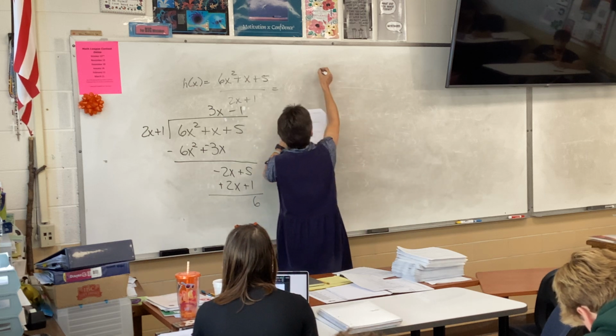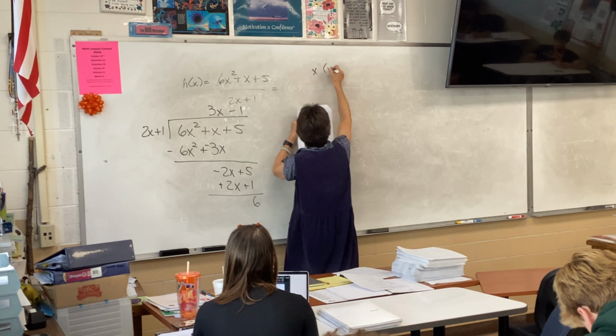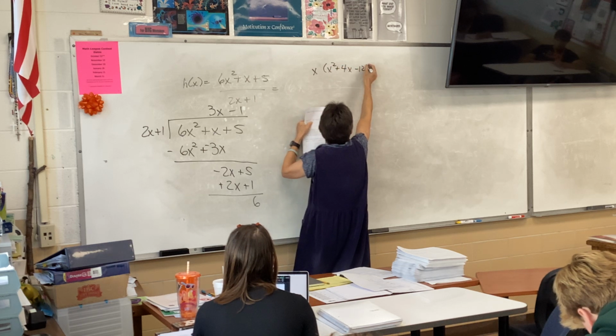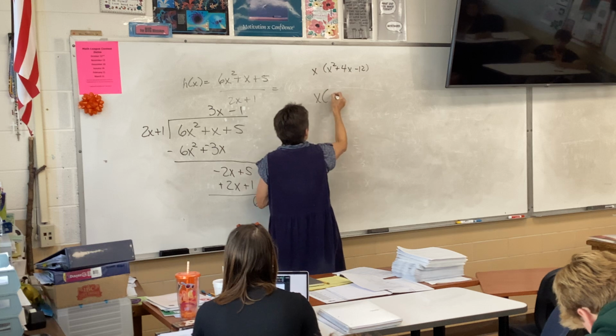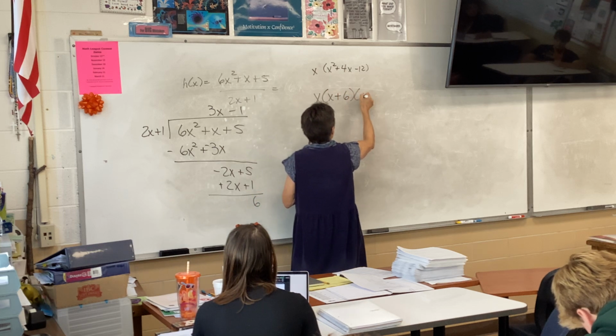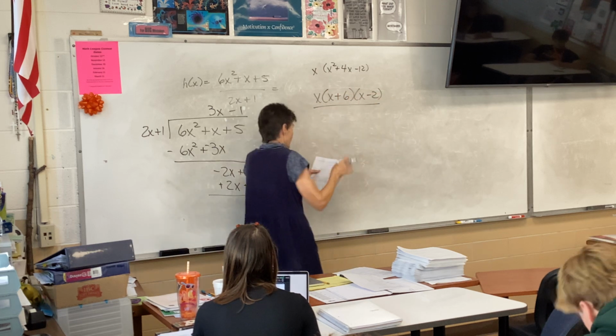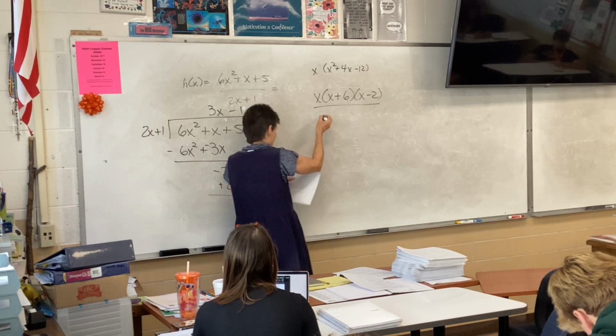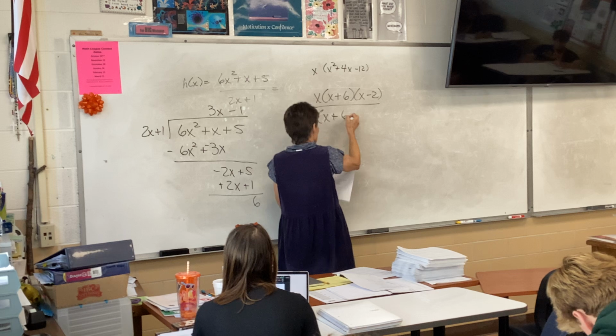So let's see, how does the top factor? I haven't done it yet, so I don't know. I think it does. Plus 6 minus 2. And then plus 6 plus 1.